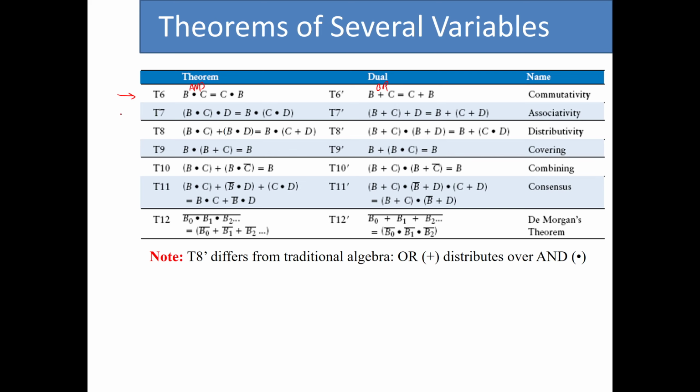The next one, which is the associative theorem, says that if you have three variables, B, C, and D, and you want to AND them together, it doesn't matter whether you find the AND result between B and C and then AND this result with D, or if you find the AND of C and D and then AND the result of this calculation with B.